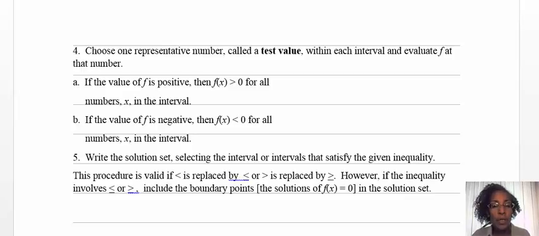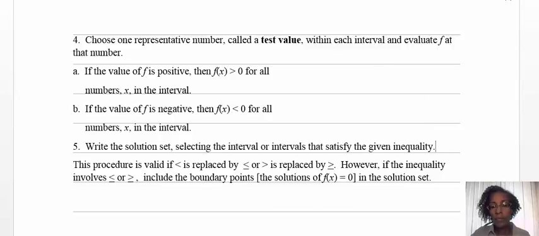Once I complete step 4, I'll then be able to do step 5, which is to write the solution set, selecting the interval or intervals that satisfy the given inequality. This procedure is valid if I replace less than with less than or equal to, or greater than with greater than or equal to.